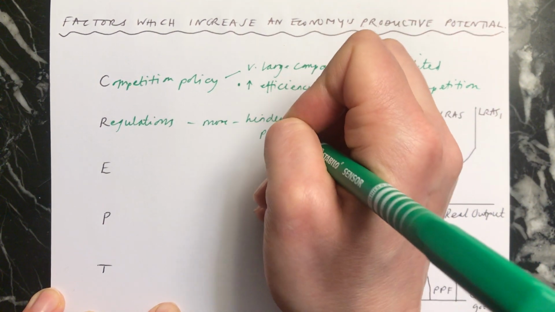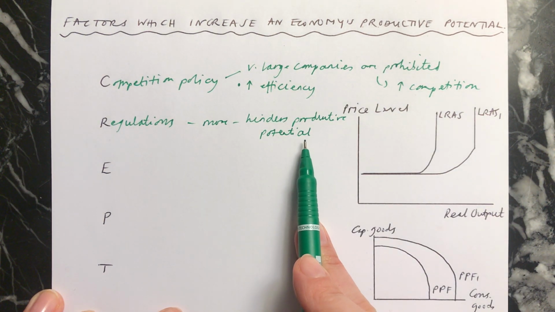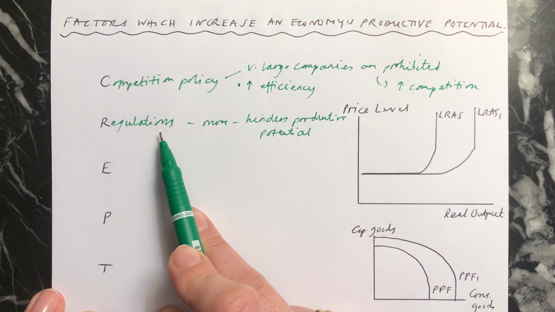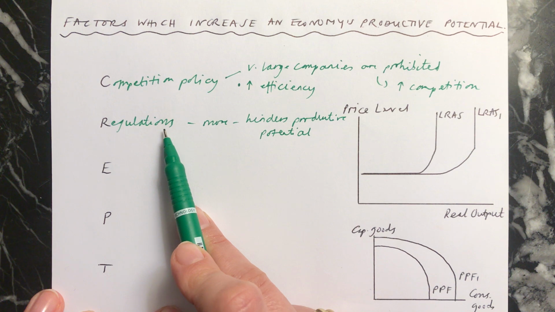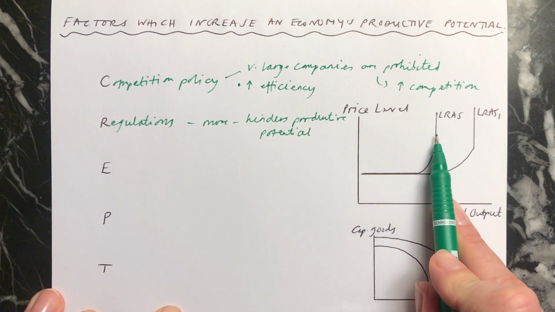There may, of course, be other benefits of having the regulations, but there's an argument that businesses spend time and money complying with these regulations, and therefore they can't produce as much as they'd be able to otherwise.